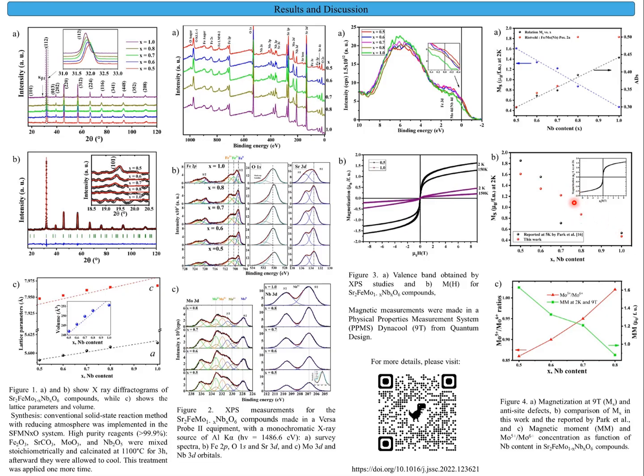However, they reported a phase transition from tetragonal to orthorhombic for x greater than 0.6, and we identify a transition from tetragonal I4/m to I4/mcm for x greater than 0.7. On the other hand, it was found that the molybdenum 5+/6+ ratio increases as the niobium content increases, and therefore the magnetic moment decreases.